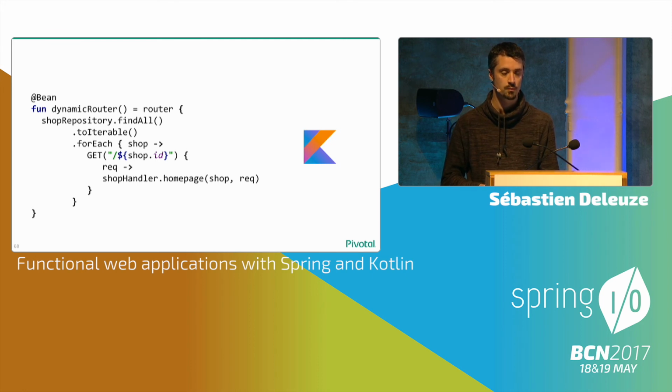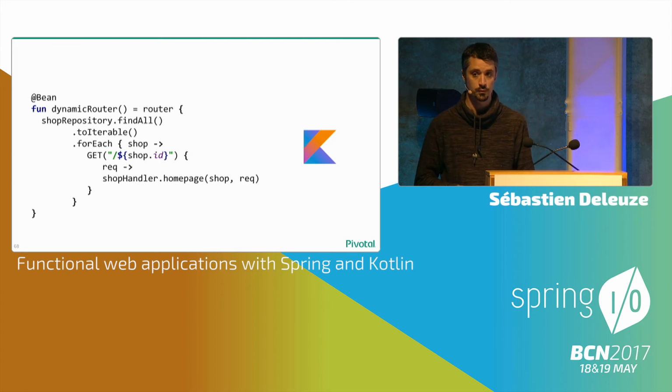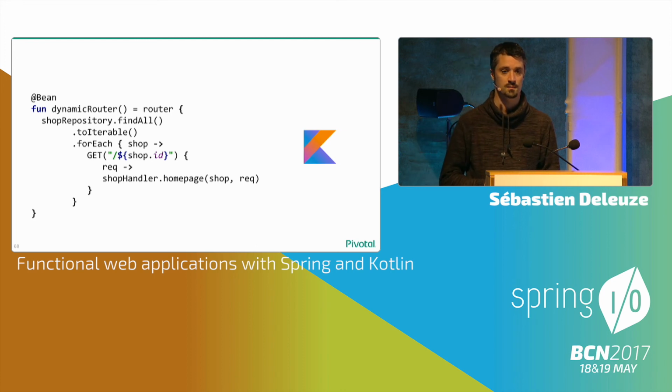And when you develop your application, you don't know at all the routes that will be dynamically created based on data that the administrator has edited via the back office. So with that kind of functionality, I'm able to create one route per shop, and you can use a more complex mechanism to create routes dynamically at startup, or even make the routes dynamic for each request evaluation. That's up to you.